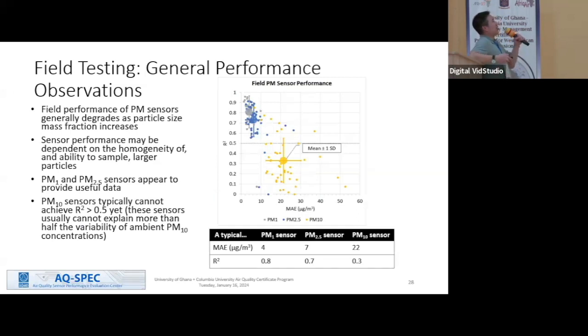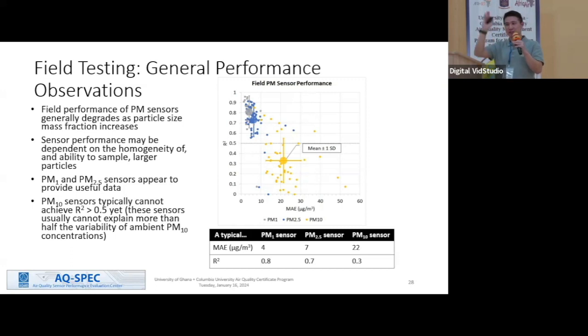Here's another way to look at the overall state of the industry of sensors that we've tested. The field performance of the PM sensors we've tested generally degrades as the particle size mass fraction increases. PM1 sensors that report PM1, the gray points, are typically very close to reference monitors that report PM1.